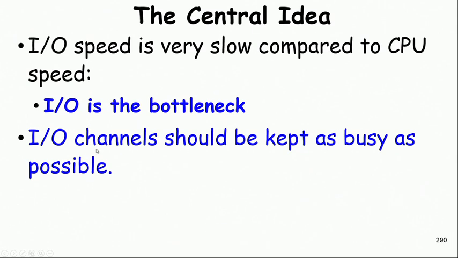The IO channels need to be kept as busy as possible. If a task is in its IO phase, its priority should be enhanced, so that all the IO requests are raised and the IO channel is kept busy. That is the reason why, for IO bound tasks, the priority is made higher and higher, whereas for CPU bound tasks, the priority is made lower and lower by use of the priority computation formula which we just looked at.